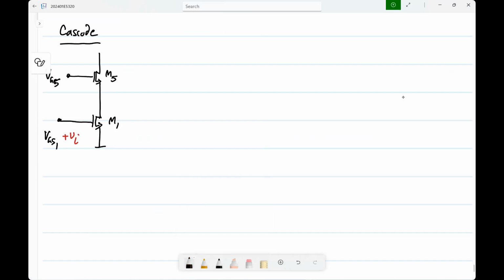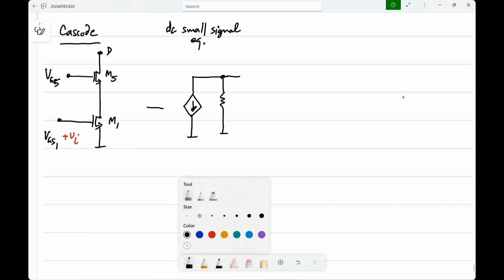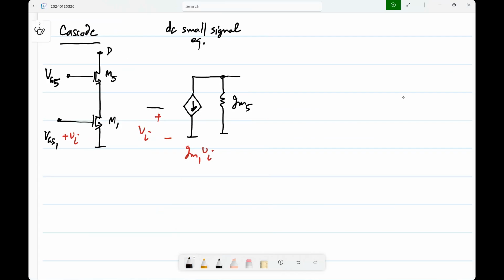So now the DC small signal equivalent, including the output resistances of all the devices, is just that, where we have the increment Vi, the incremental current GM1 Vi, and the output resistance, which is the primary component is, okay, and then you have these also.